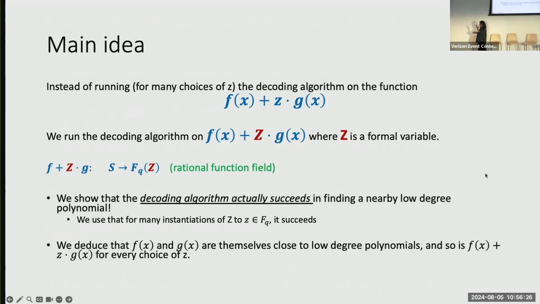And once it succeeds, when z is this formal variable capital Z, everything else follows. That means for every choice of capital Z to little z, it will succeed, and we get what we want. And the Guruswamy-Sudan algorithm works up to a certain radius. Our proximity gap statement works up to that exact same radius as the decoding algorithms work up to, which is the Johnson radius for Reed-Solomon codes.